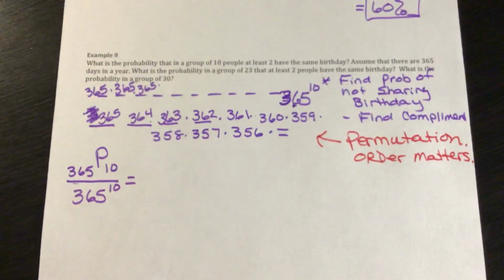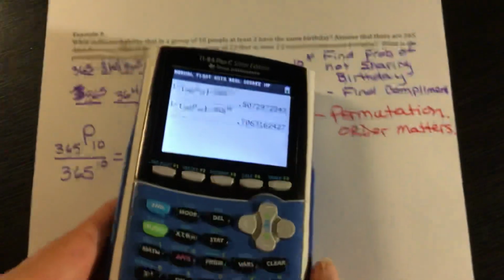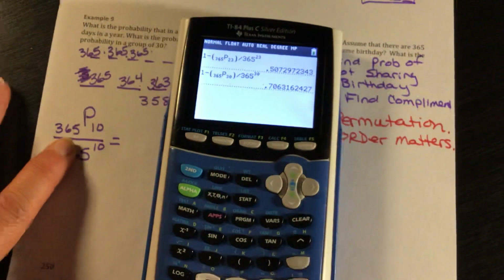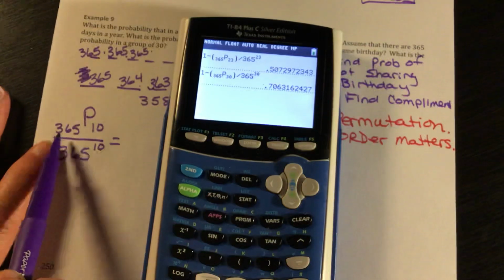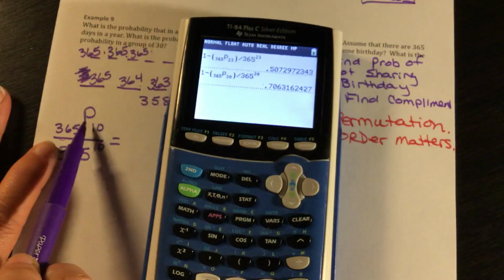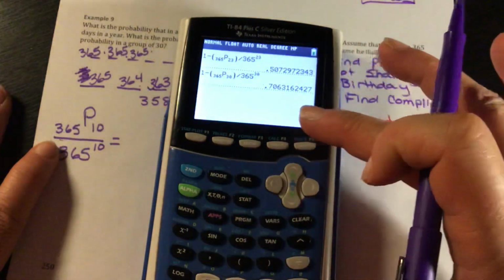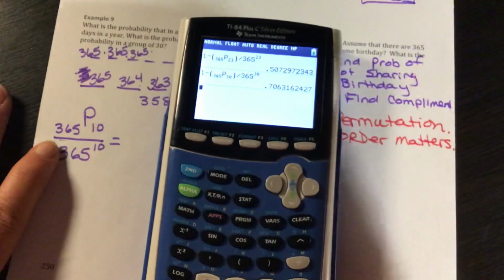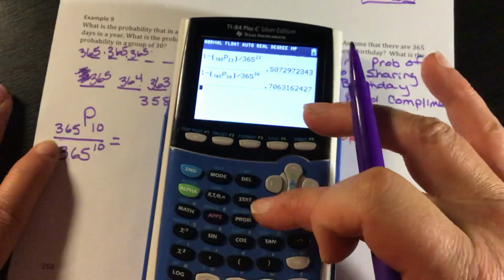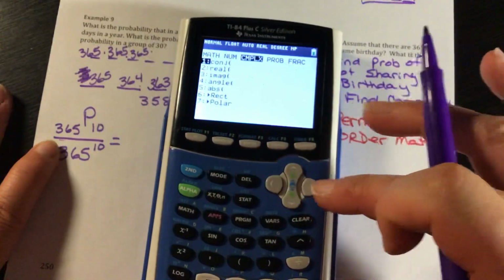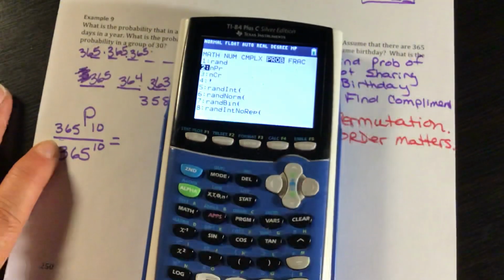Now, on my calculator, if I did 365 choose 10, and this is a permutation, I'm going to go to Math, and on decimals, you just go to Stat in your function menu, and go to probability, and I want a permutation.